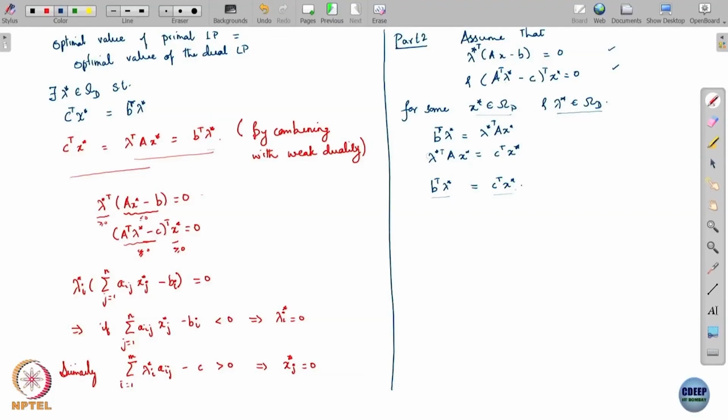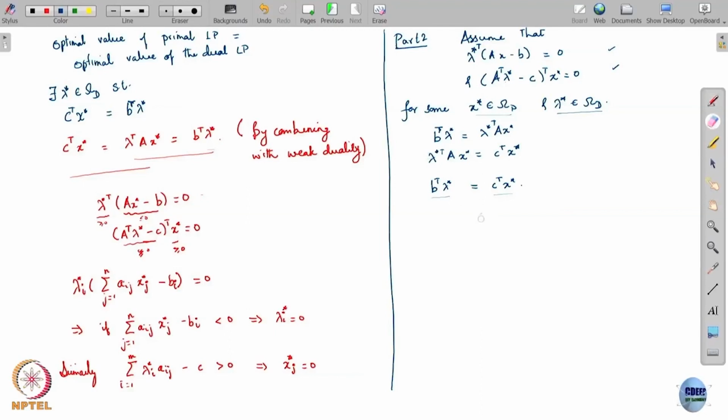And now, what does this mean? We know from weak duality that an inequality in this direction must hold, and we know from the strong duality theorem that if equality holds, then it has to be that these two are optimal. Okay.